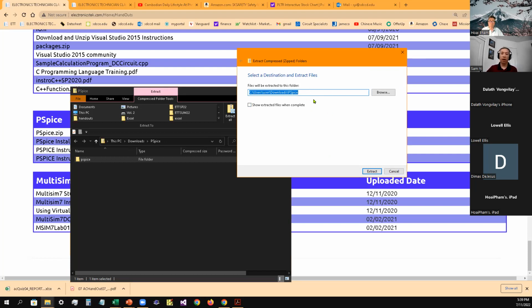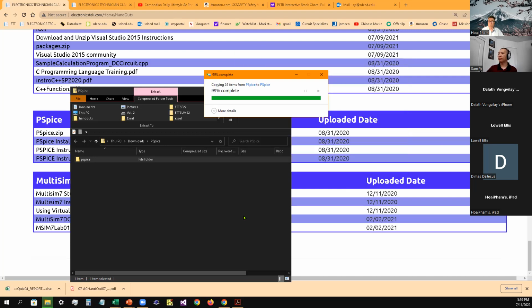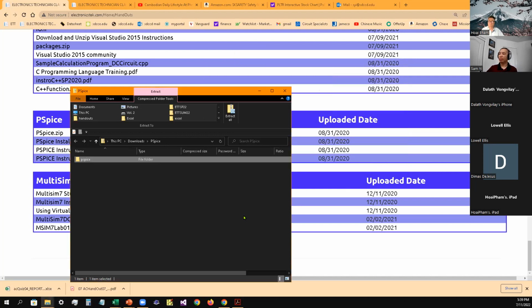Just go ahead and use the default that they give you. If you want to change it, that's fine, but usually just use the default one here. Then just click on extract. So that's pretty much it.